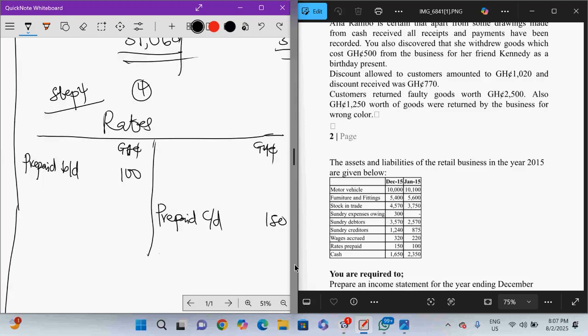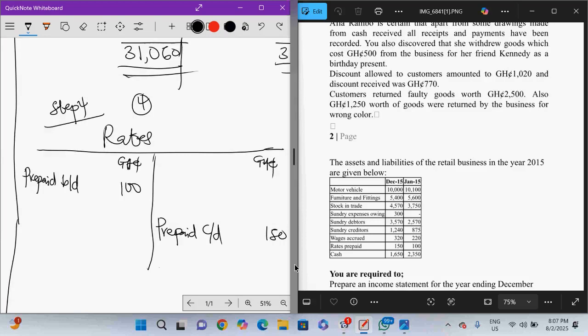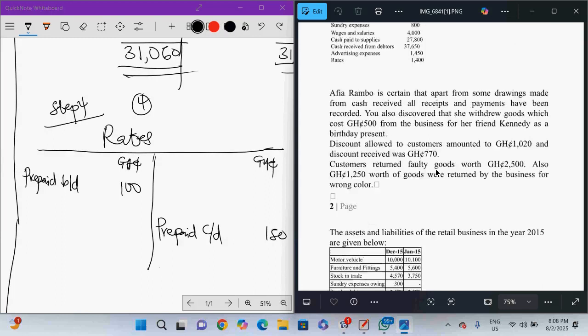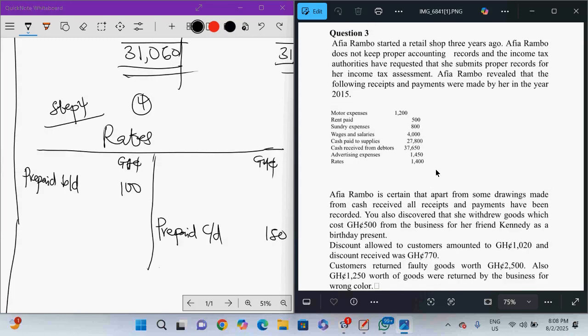And then how much cash did we pay for the rate? Going to the receipt and payment, for rate we paid 1,400.